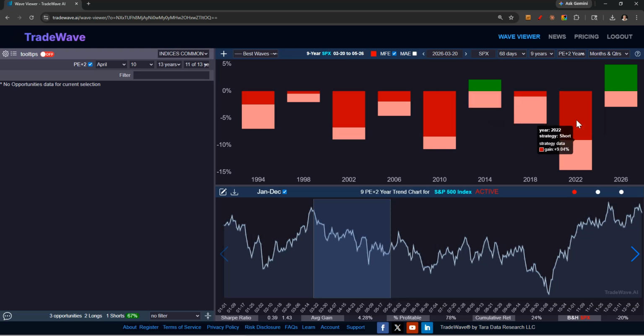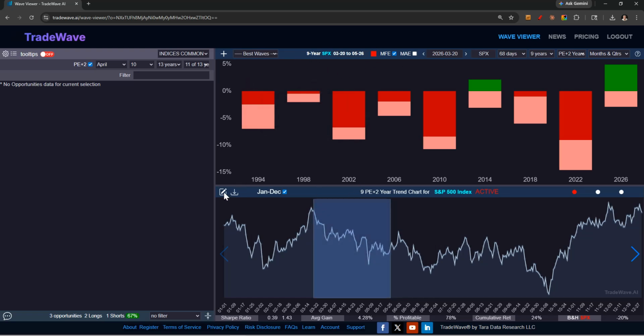But look at 2022, 9 and 5. 14% drop in 2022 and then closed down 9%. 2010 closed down 8.39. Closed almost 2 with an additional 2.67, about 4.5. So this one is pretty ugly.